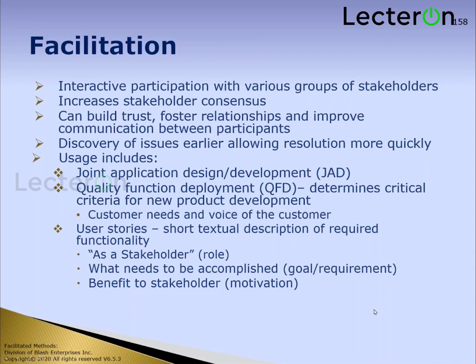Now, this is another one I pulled in here. Not so much that this is the only time you use it, because you're going to use it over and over again, but facilitating and getting interactive participation is what you're striving for. And this is one of those areas that it's hard when we're in a virtual environment like this, especially if people are going in and out all the time, to be able to get the conversation going.